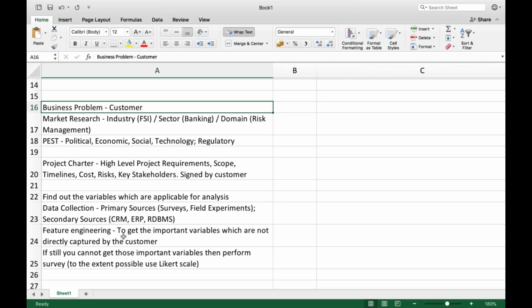If despite doing feature engineering you cannot get hold of the most important variables, then you have to perform a primary research. Using surveys or field experiments, get the data. When you perform surveys, ensure that you have a Likert scale for the questionnaire so that you get numbers, and numbers can be used for prediction purpose.